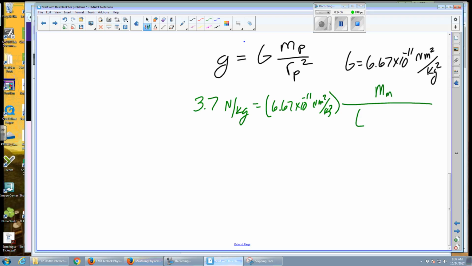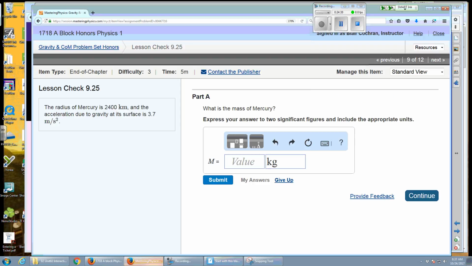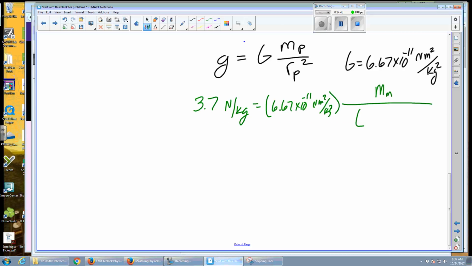And I put it over my radius squared, which that's in kilometers. So I need to convert that to meters. So I can do that, 2,400 times 10 to the third meters. And then square, don't forget to square that. That will probably be the most common math mistake, to forget that square term. And then just solve for M.